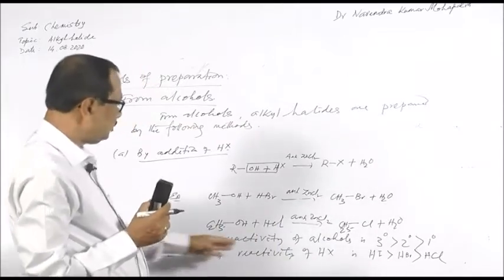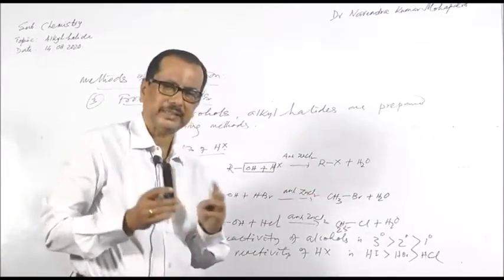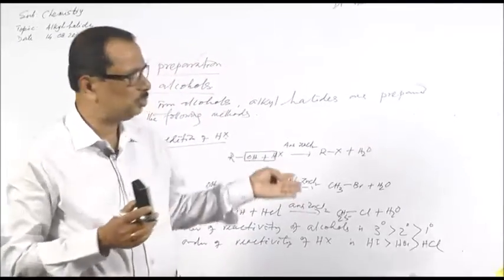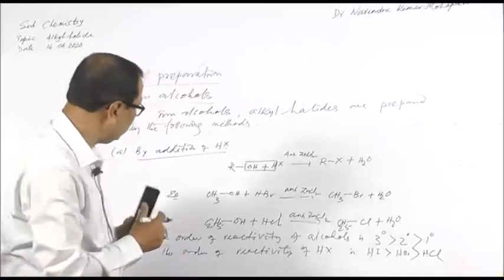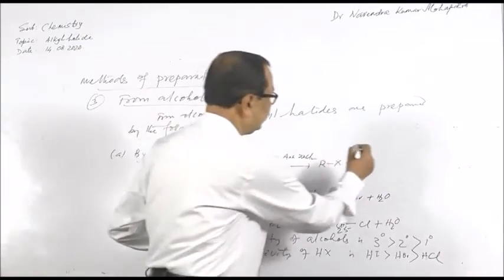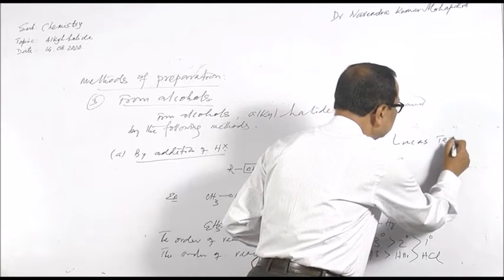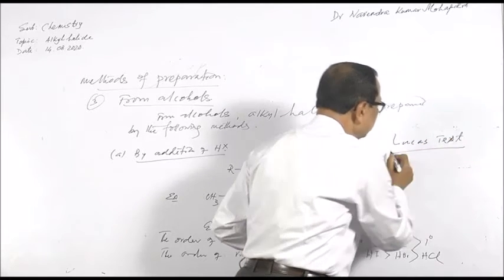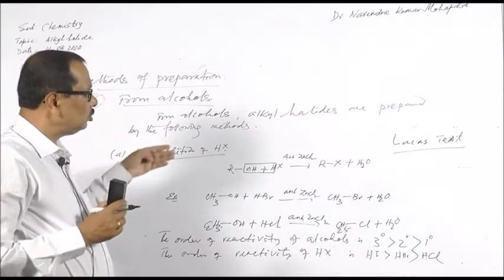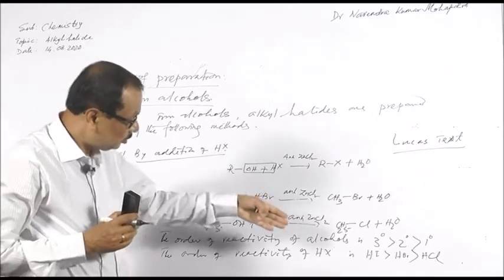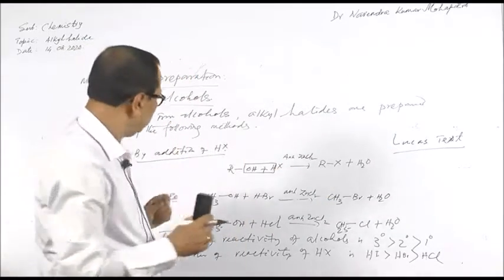Depending on this reactivity, this reaction is used to classify primary, secondary and tertiary alcohol, and the reaction is known as the Lucas test. We will discuss this test when we discuss alcohol. So the Lucas test is used to distinguish primary, secondary and tertiary alcohol by this method.